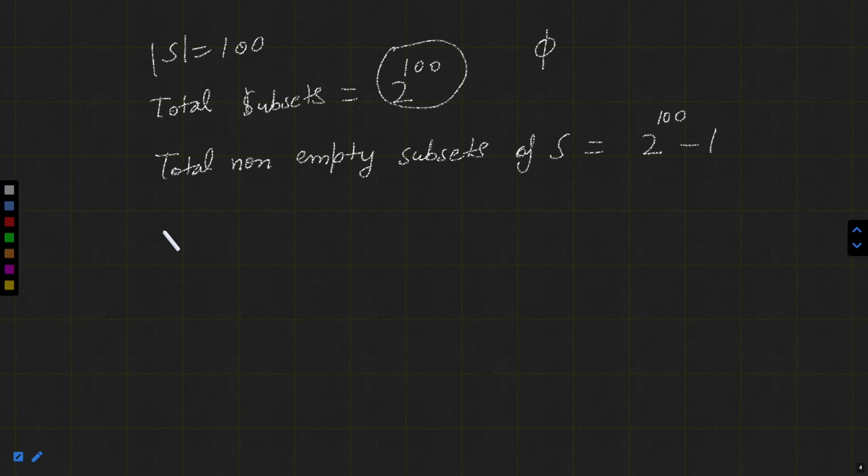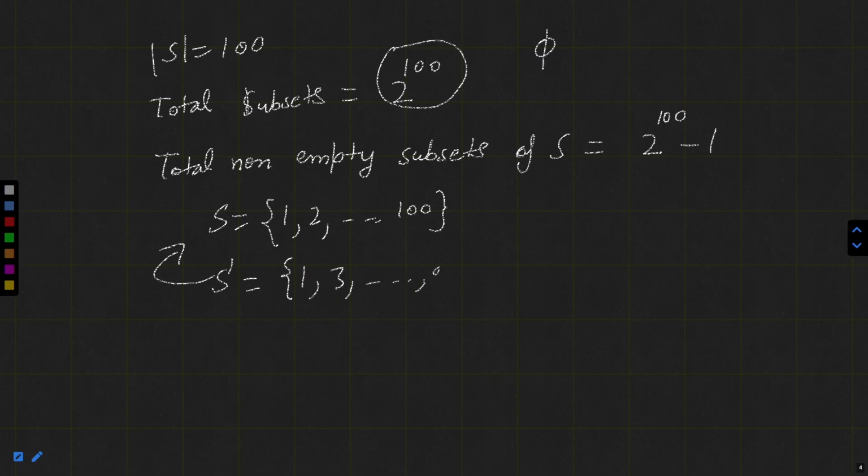We know S is the set 1, 2, 3, till 100, and let's say S dash is a subset of S whose elements are odd, 1, 3 till 99.